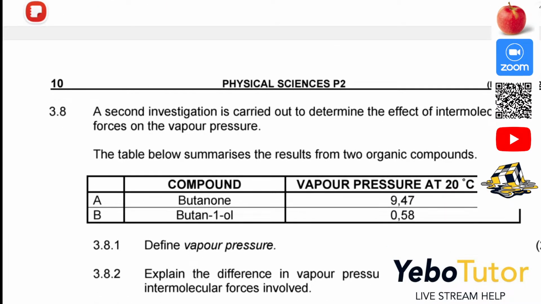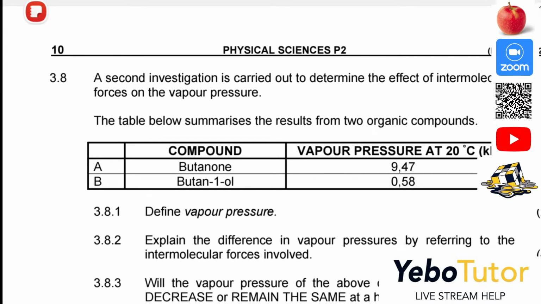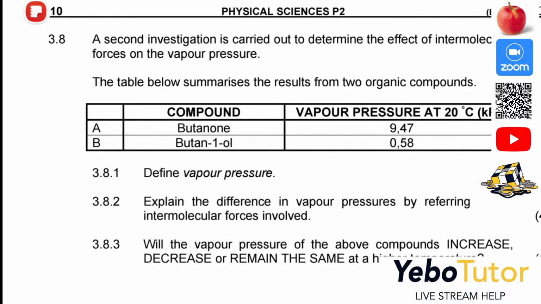3.8, a second investigation is carried out to determine the effect of intermolecular forces on the vapor pressure. So we can see that we have those two now. Define the vapor pressure. See, these definitions are going to be asked tomorrow. Please don't forget these definitions, guys. They are very, very crucial. They are very, very important. All right. So on 3.8.1, what is the vapor pressure?